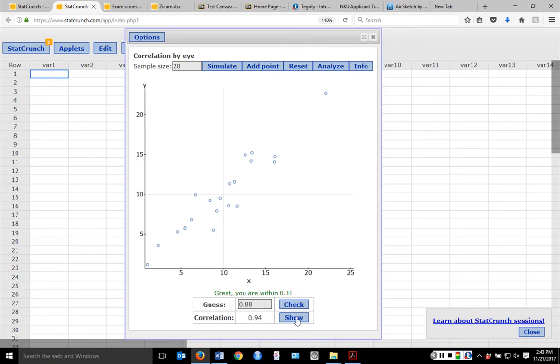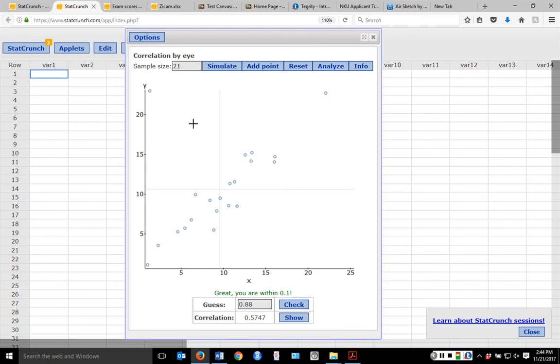It actually turned out to be 0.94, a really strong relationship. Now I'm going to add a point up here, which would be a very strong outlier. Look at how that changed our correlation, from 0.94 to 0.5747 by adding one little point.